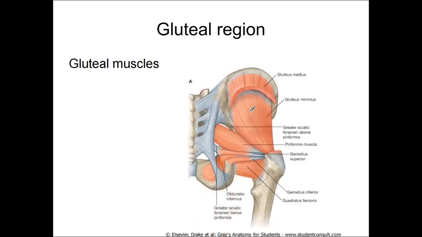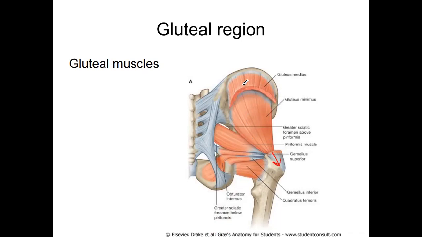Other gluteal muscles, we have the gluteus medius at this point, and covering the gluteus minimus, and these two muscles will be going to the greater trochanter of the femur. Talking about the gluteus medius, it comes from the outer surface of the ilium, and then inserts on the lateral surface of the greater trochanter of the femur.